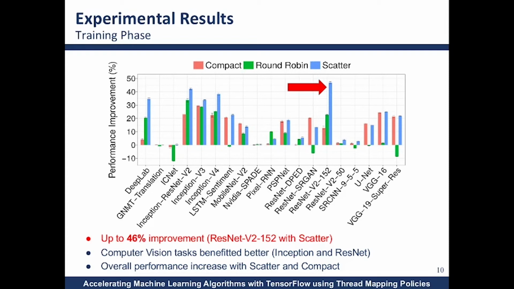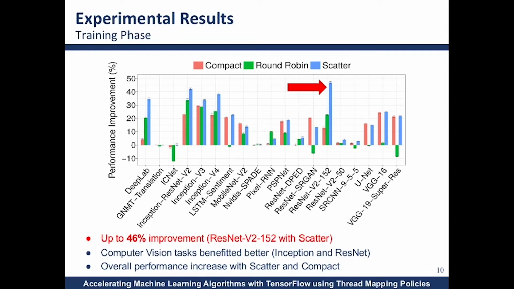In the x-axis we have the different machine learning models present in the AI benchmark, and in the y-axis we have the performance improvement in execution time in comparison to the default thread mapping policy of the machine.